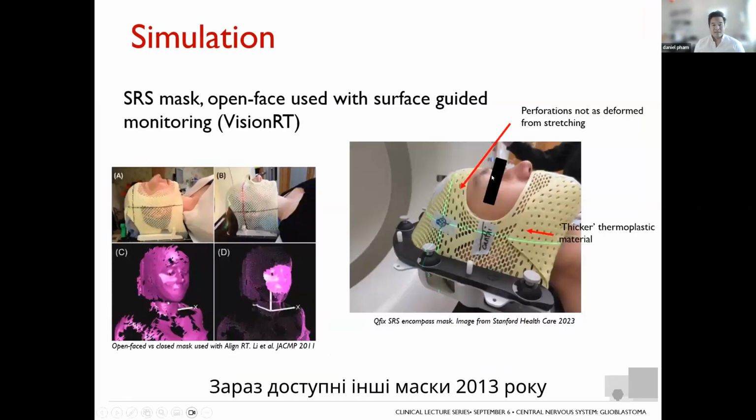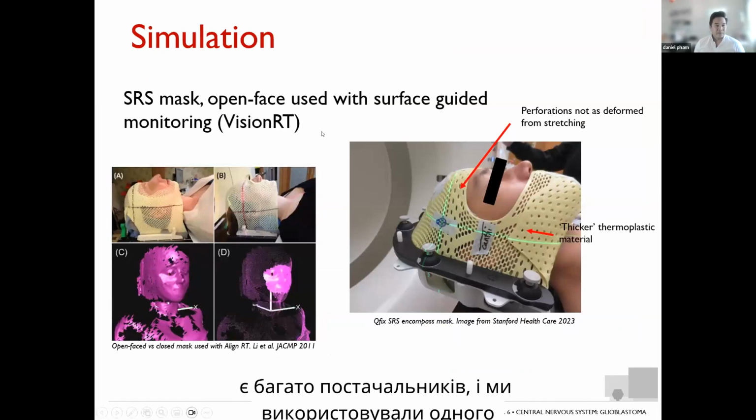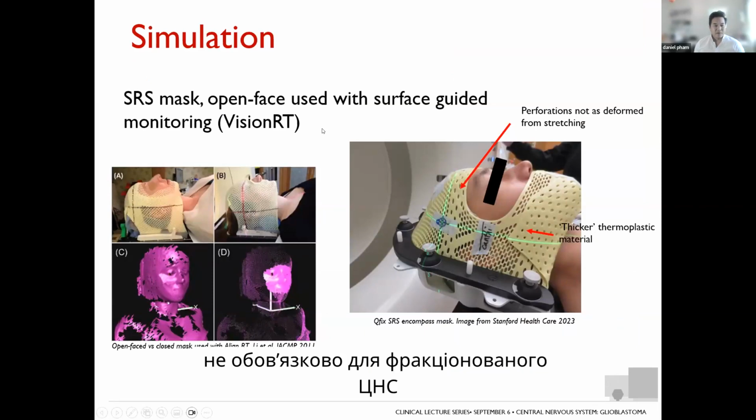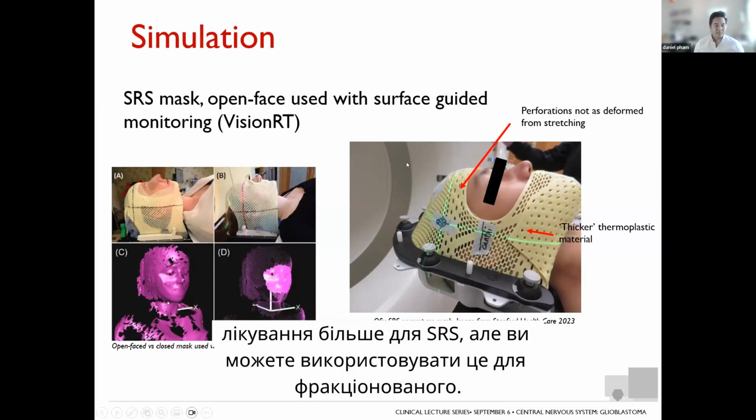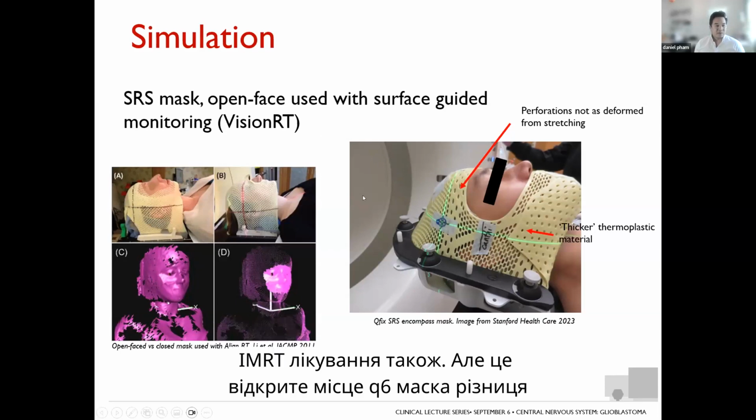Now there are other masks available. Since 2013, there are a lot of vendors out there, and one that we have used, not necessarily for fractionated CNS treatment, more for SRS, but you can use this for fractionated IMRT treatment as well, is the open face Q-fix mask.